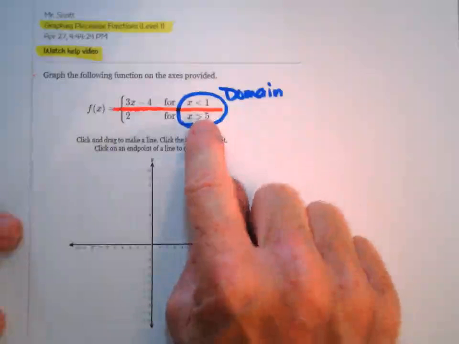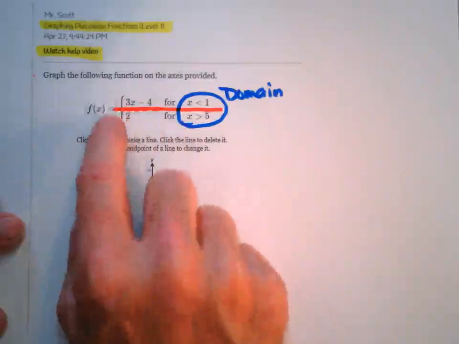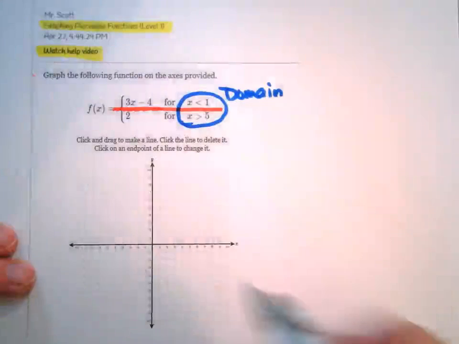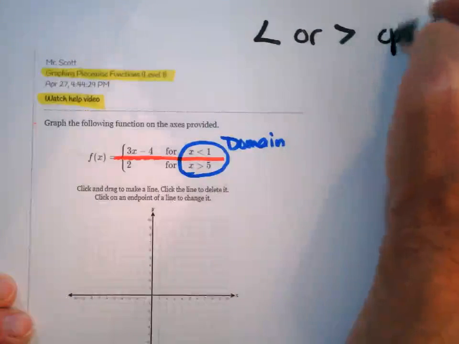So this is the domain that we will use for each of the equations. Just a reminder, if you see a less than sign or a greater than sign, these are open circles, okay?